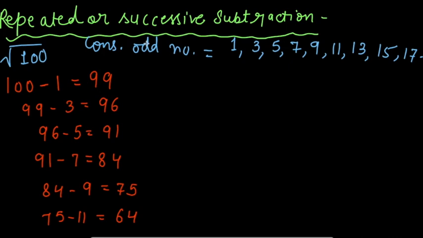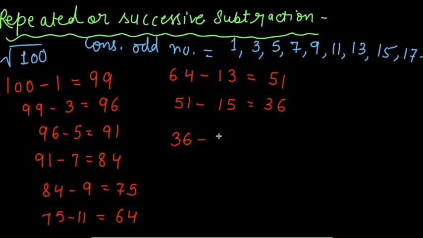So I am subtracting consecutive odd numbers, and then 64 minus 13 will be the next number. It gives you 51. The next odd number will be 15 in the series, which gives you 36. 36 minus 17 gives you 19, and after 17 the next number is 19, and here I am getting the difference as 0.